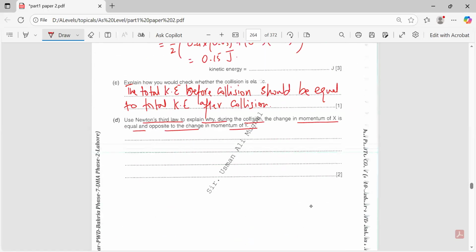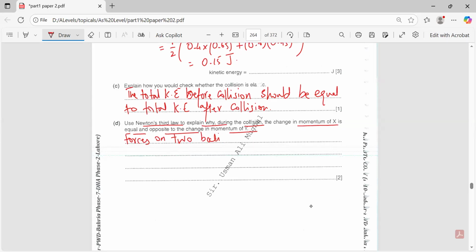So what we are going to write for this answer: the forces on two bodies, x and y, are equal and opposite.